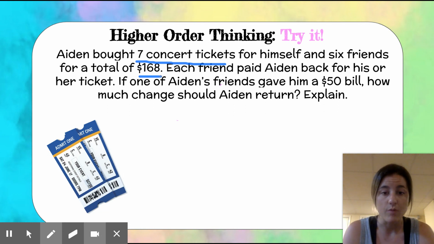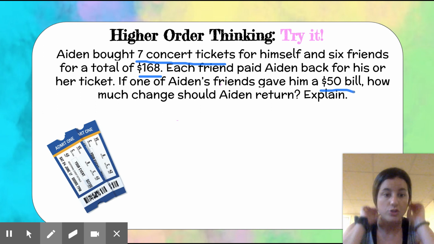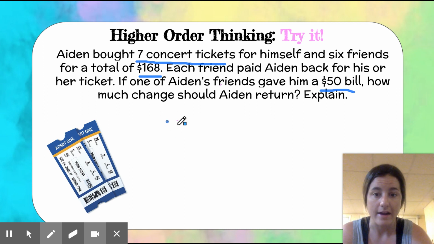If one of Aiden's friends gave him a $50 bill, how much change should Aiden return? Explain. Okay, so all 7 of them cost $168. So in order for us to figure out how much change he should get back, we have to figure out what each person spent. So I need to divide 168 divided by the 7 people to figure out what each person spent.